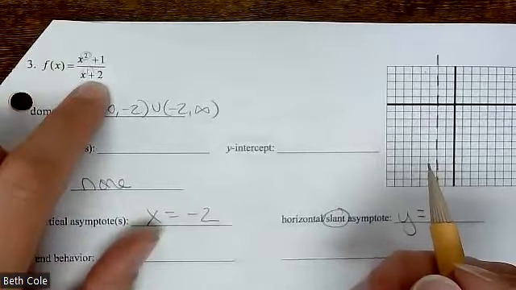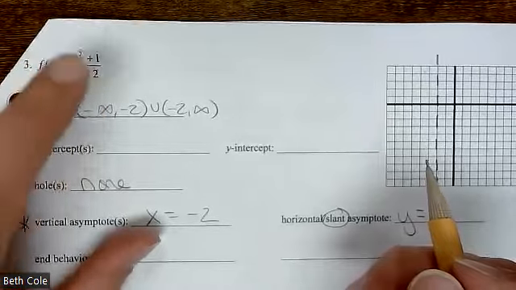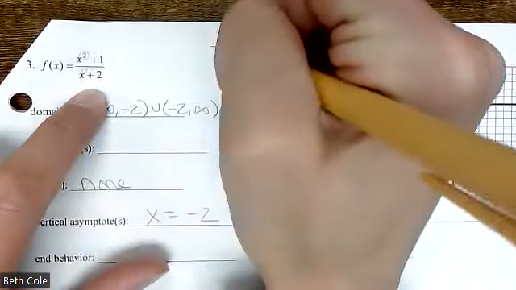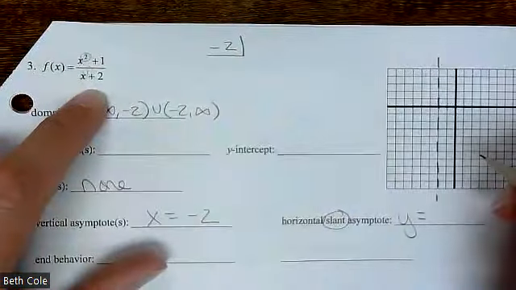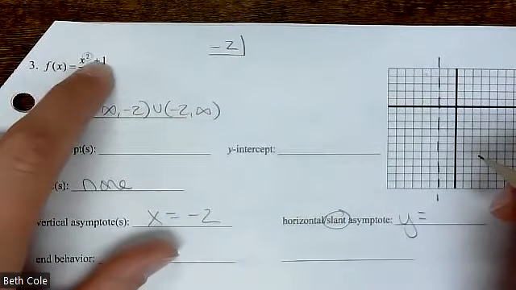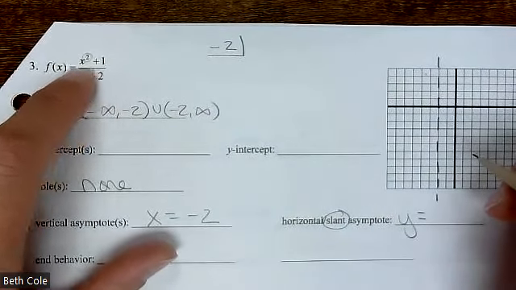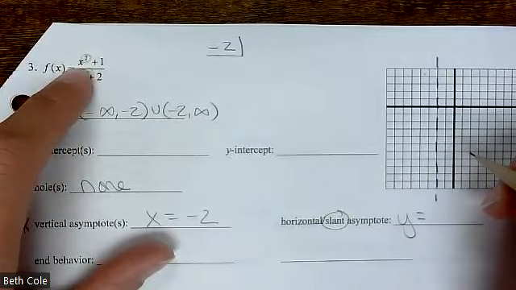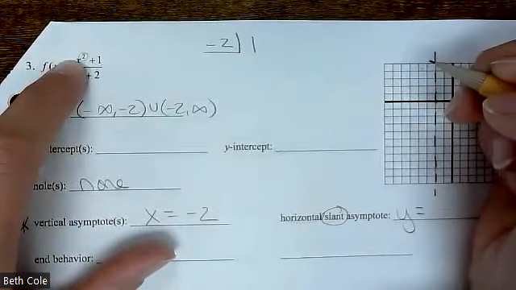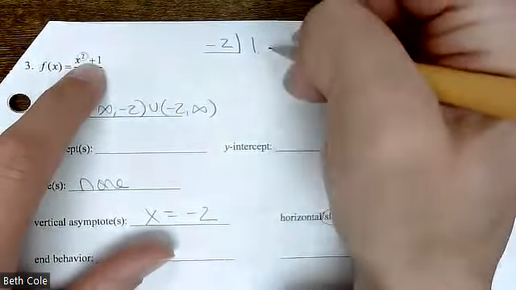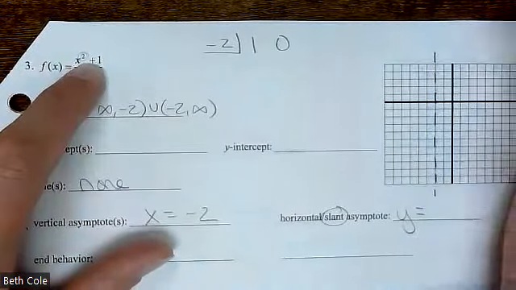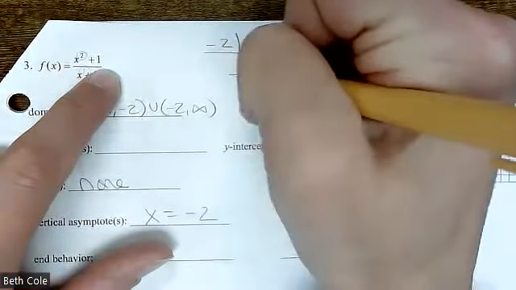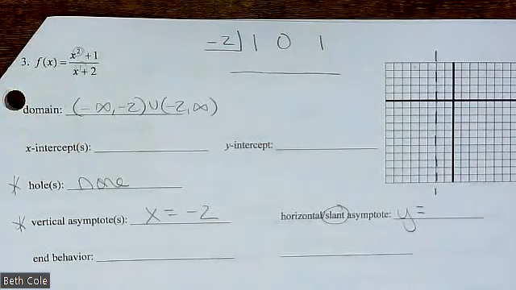So look over here. Who did we say our troublemaker was? -2 goes in the little box. Is your countdown in order? No. You have 1x squared and then 0 x's and then 1. Now, the remainder will not necessarily be 0.